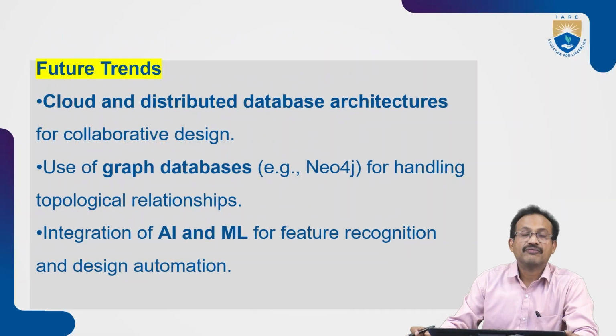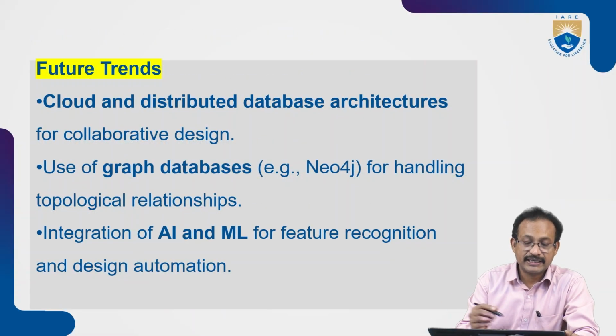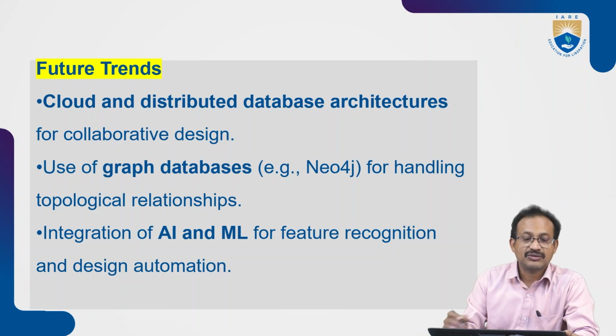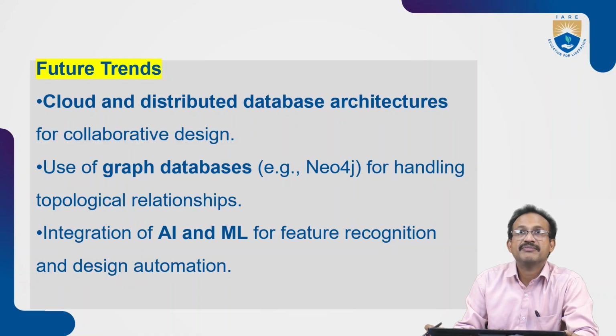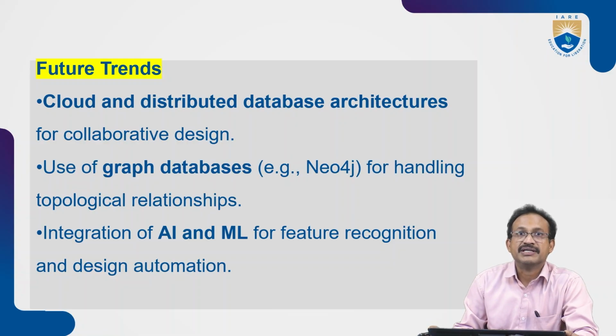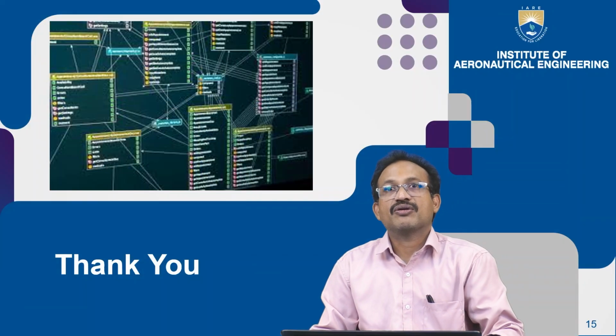Finally, the future trends. So here cloud and artificial intelligence and machine learning are playing a predominant role nowadays in all fields. Cloud and distributed database architectures for collaborative design play a predominant role in database design. So with this I'm concluding.